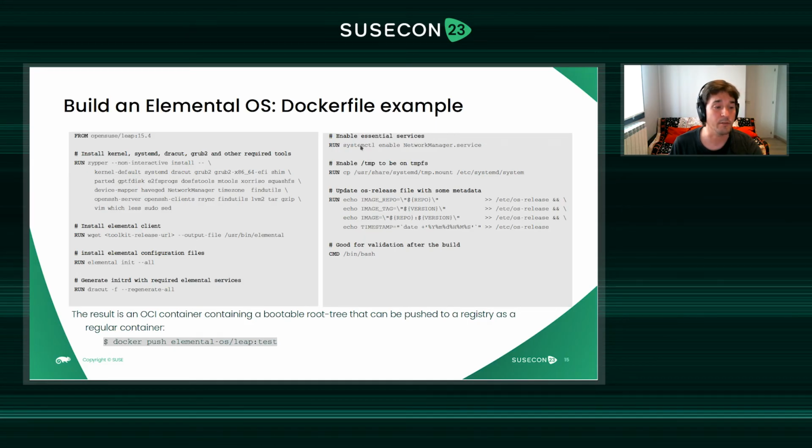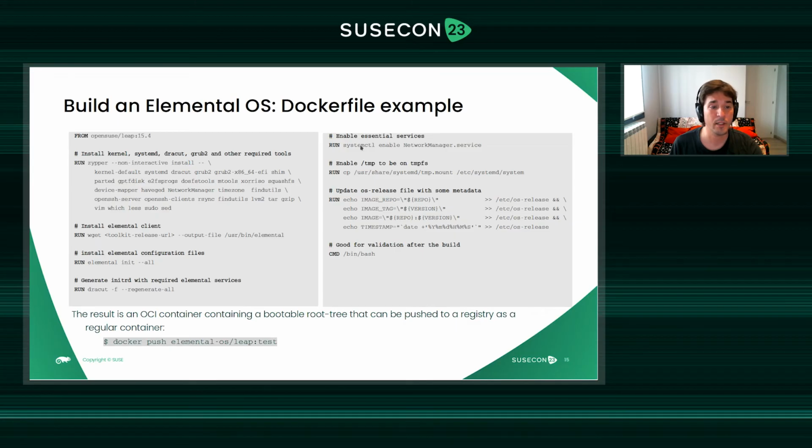So the configuration files for the bootloader, the configuration files for systemd, and the configuration files for Dracut. After that, we have to recreate the initramfs, so we have to call Dracut to generate again the initrd. So this way, we include in it the newly added Dracut module, the elemental module for the immutable feature.